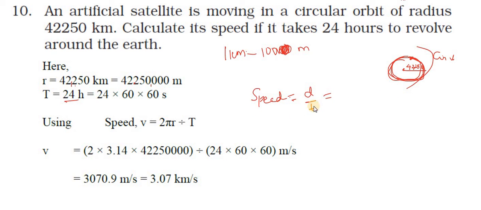We learnt in the previous 8th grade mathematics that circumference is 2 pi r, and the time is 24 into 60 into 60. Now if we simplify this, we get 3070.9 meters per second, which is 3.07 kilometers per second. So this is how we need to solve it.